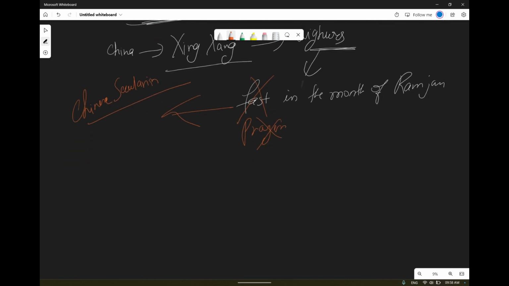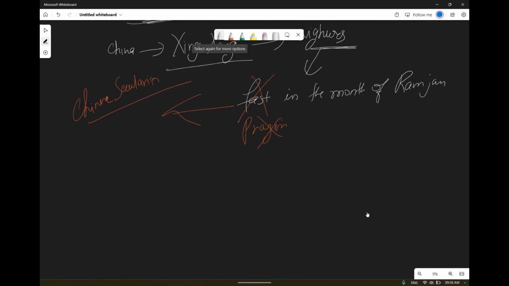Okay, now we'll go to the United States. What type of secularism does the United States have?